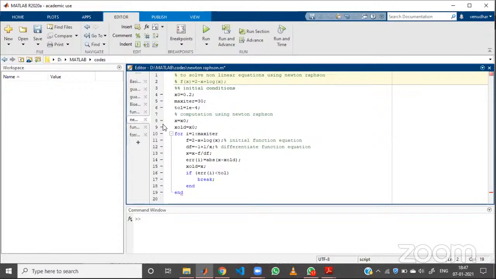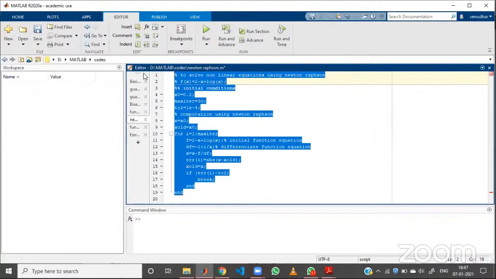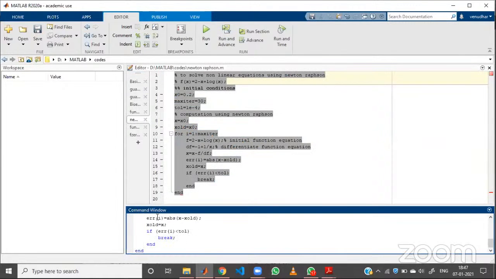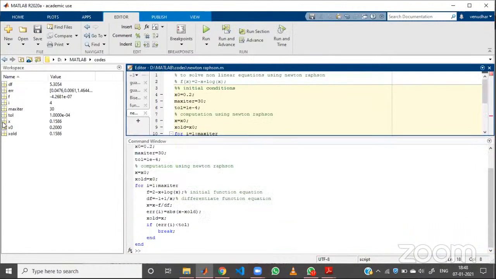So let's just run this code and see how it gives the value. We have got the value of x here as 0.1586.